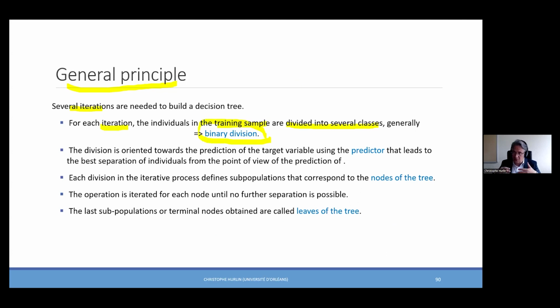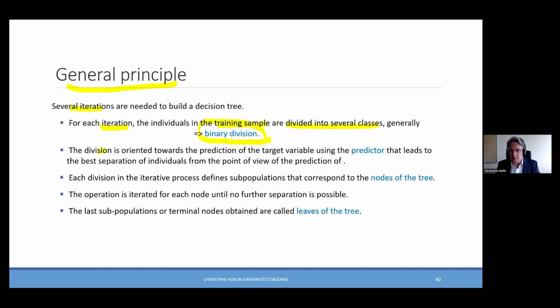So at each step, each iteration, we separate all the individuals in my training dataset into 2 subgroups, okay? For that, we use a variable. For instance, I use gender. On the left, I have the women. On the right, I have the men. I can also use, for instance, the income. For instance, on the left, I have all the people who earn less than 1,000 euros. On the right, the others, etc., etc.